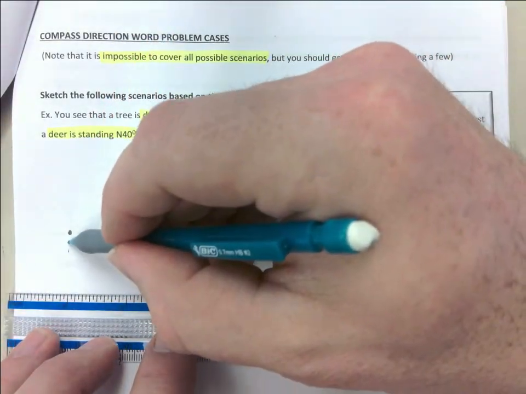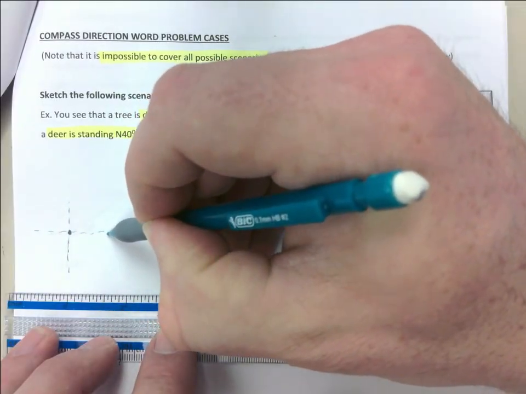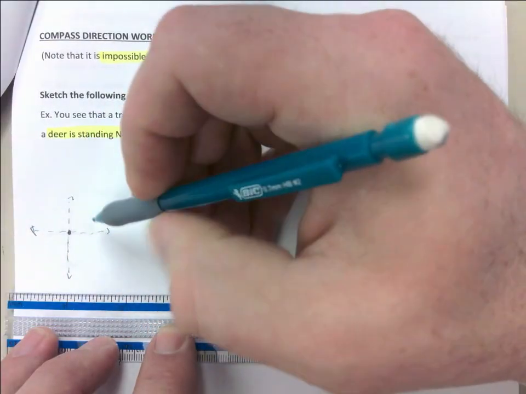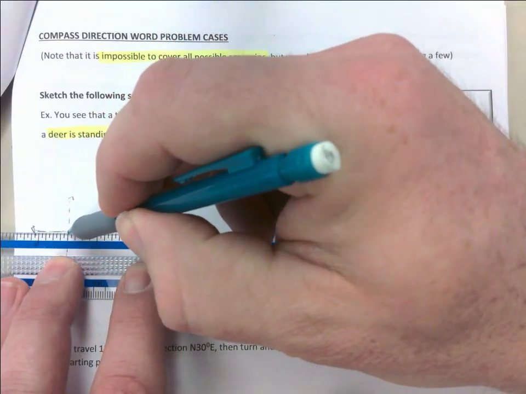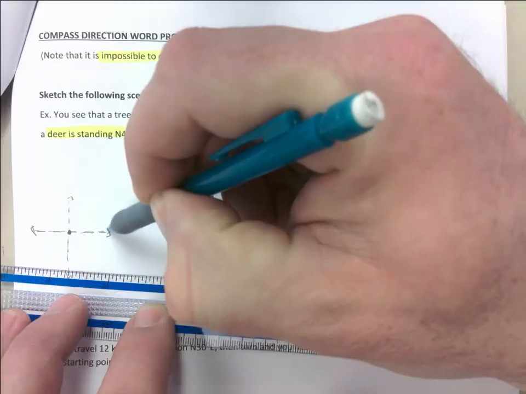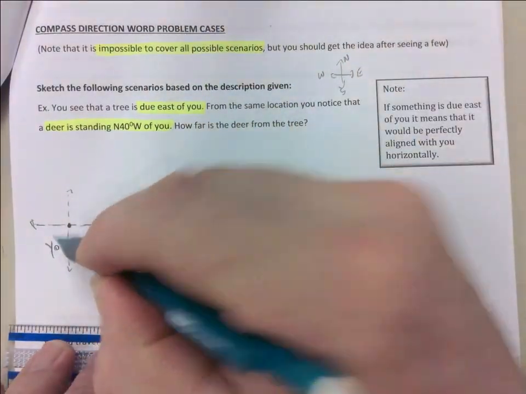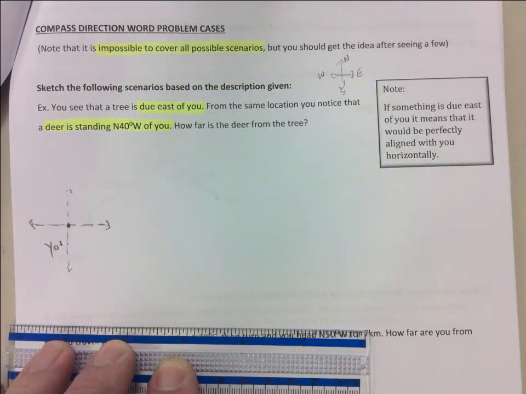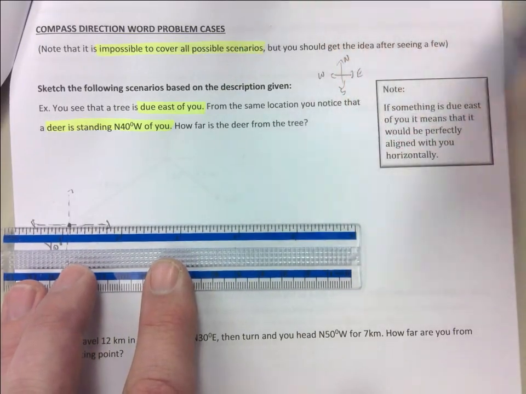And because we're doing compass directions, I'm going to start with this. I should have used a ruler. I just told you to use a ruler, and here I am not using a ruler. And this is you, your starting point. That's the starting point of our story.